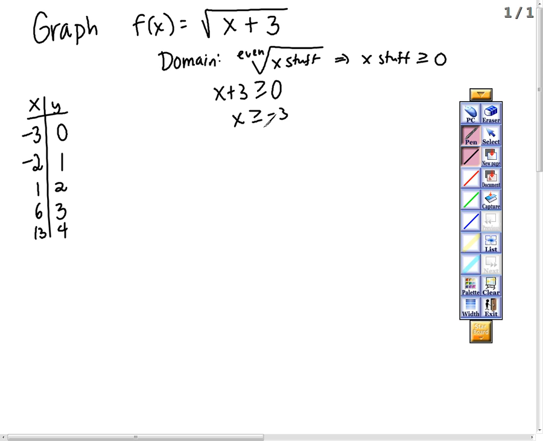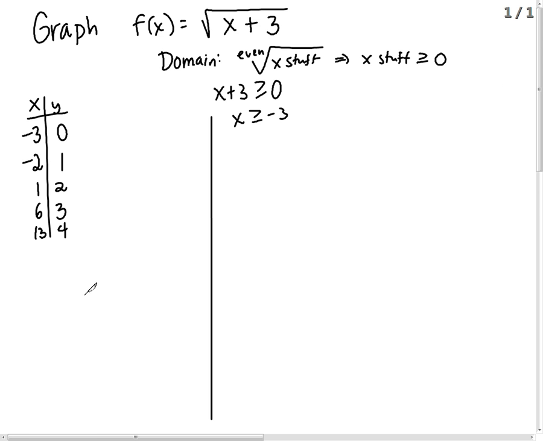Notice my domain is x is greater than or equal to negative 3. That's a little crooked, but okay. So 1, 2, 3. 1, 2, 3, 4.